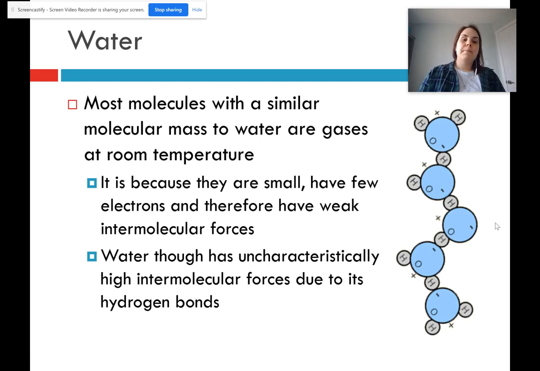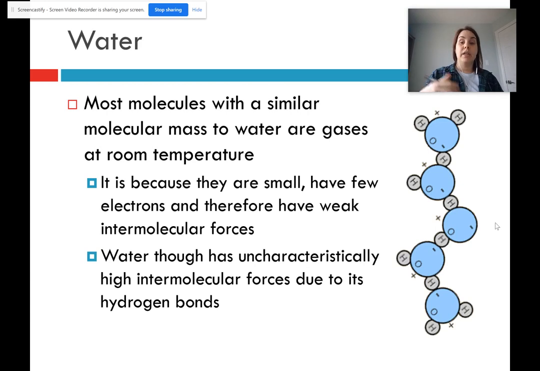Water is a very unique compound as well. Most molecules with a similar molecular mass to water are actually gases at room temperature and not a liquid. This is often because molecules with such a small molar mass will be very small themselves, because they'll be made of very few and very small atoms, and therefore they have really weak intermolecular forces.